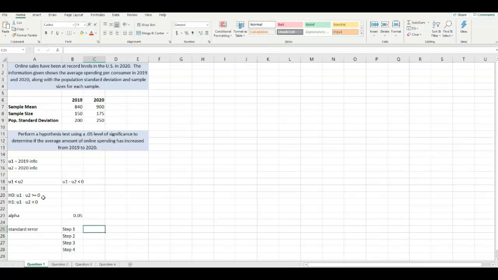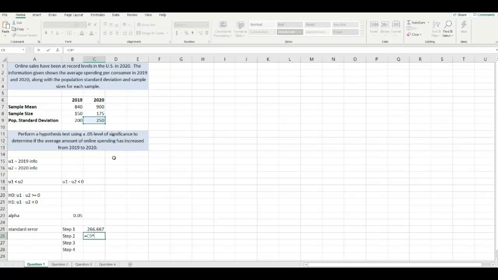So step 1 is going to be the population standard deviation from 2019 squared divided by the sample size from 2019. Step 2, we're going to do the same kind of thing except use 2020 data.